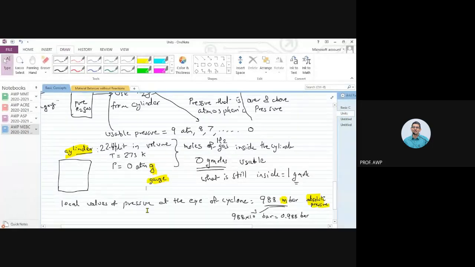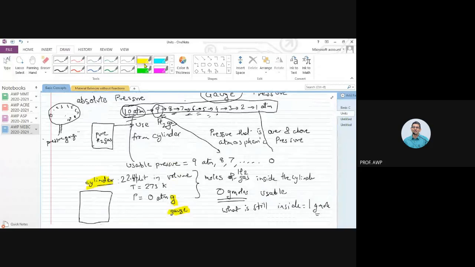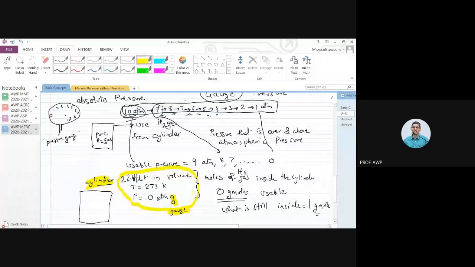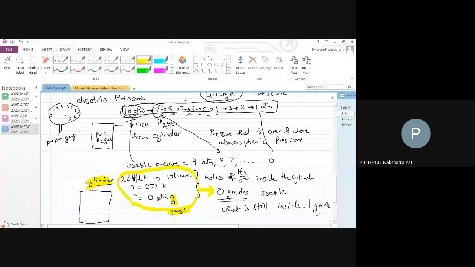Okay, so the next important point that this brings us to, can you guess? What have we used? Mole concept. What else have we used? Gas laws.